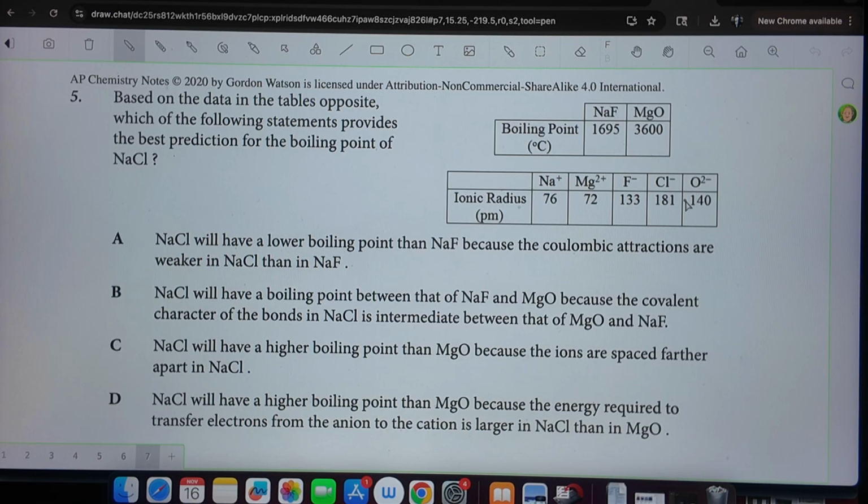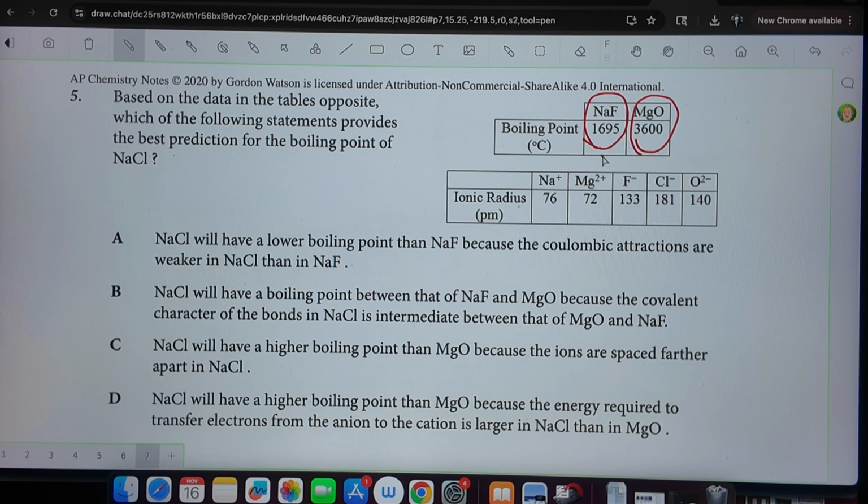So now we are comparing NaCl to NaF and MgO. And we have to figure out, is NaCl's boiling point more like this one or more like this one, and why?